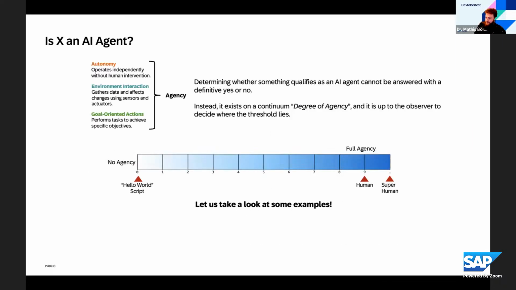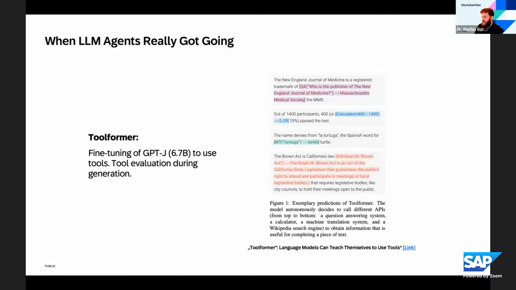Okay, so now we talked a bit about what an AI agent is, and before we go building one ourselves, I would like to give you some context and also take a look at how it got started, or where it really took off. In my view, one key point for an agent is this interaction with the environment. With an LLM, the question is, how do you realize environment interactions?